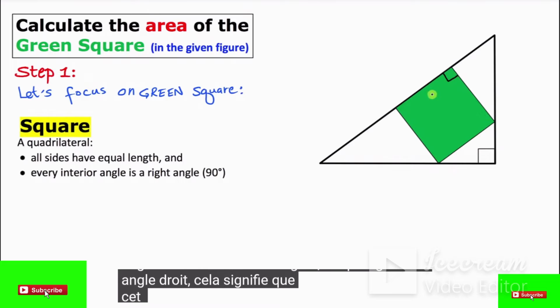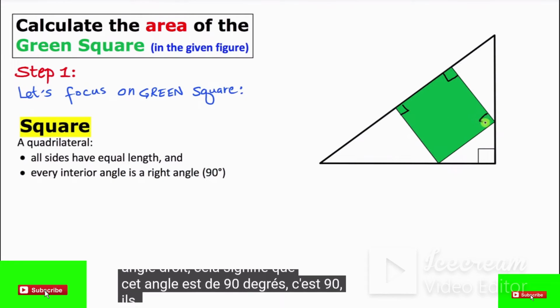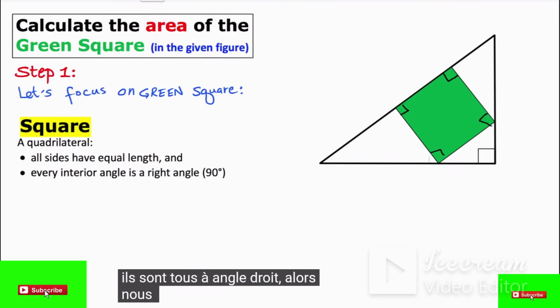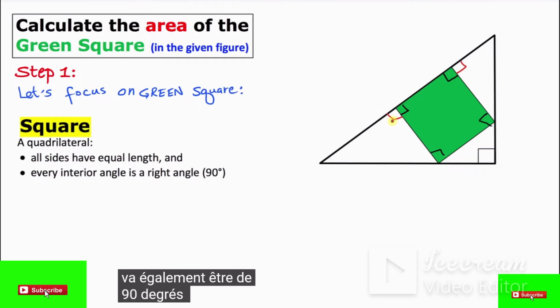This angle is 90 degrees, this is 90, these all are right angles. Then we can conclude that this angle outside for this white triangle is going to be 90 degrees as well, and on this left hand side, this triangle is also going to be 90 degrees.